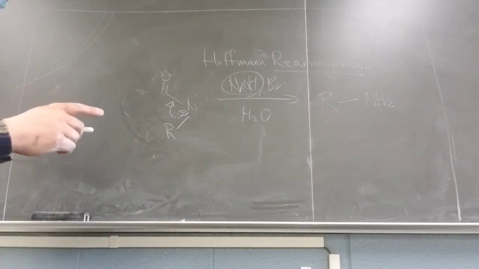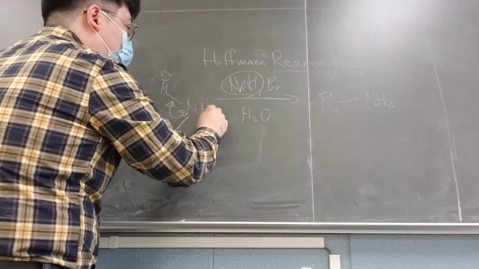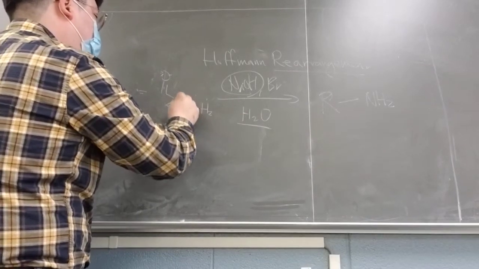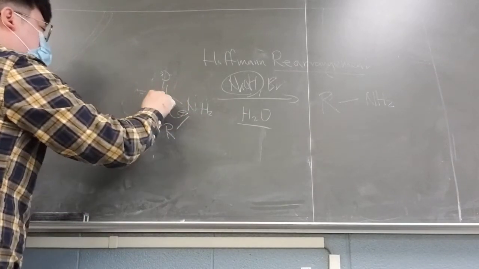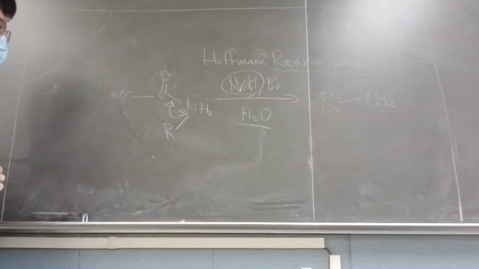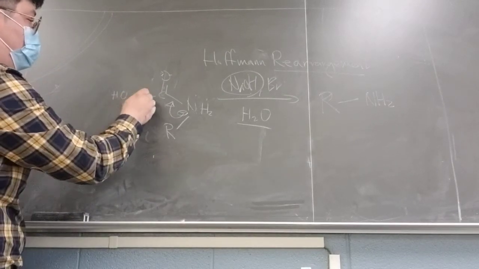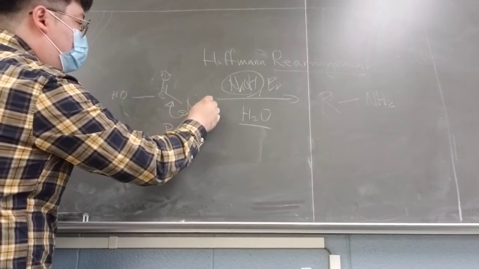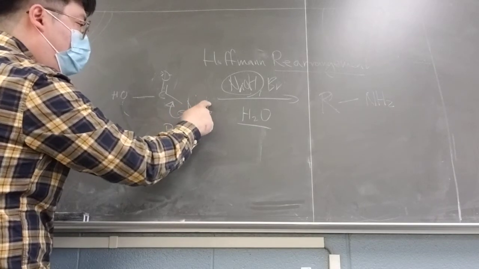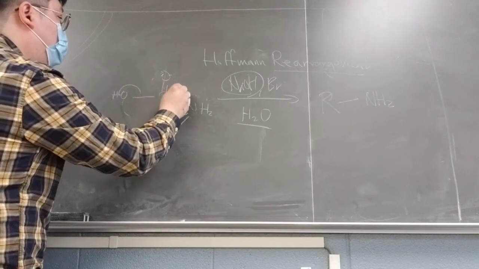Then this nitrogen picks up the two hydrogens from the water, and this carbon is later attacked by another hydroxide anion. When it's attached, it is neutral, right? Those hydrogens go to the nitrogen and it moves.